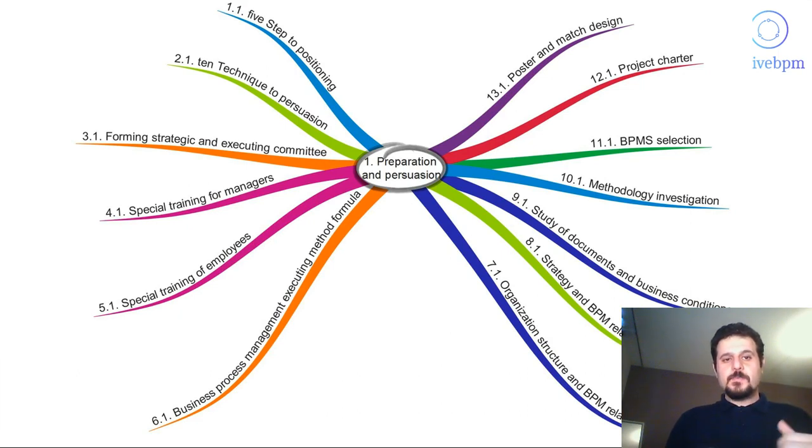About the 5 techniques, more detail about this mind map will be covered in our BPM course that I will record in the future. The second is the persuading and convincing technique. For example, one technique is named Golden Bridge.